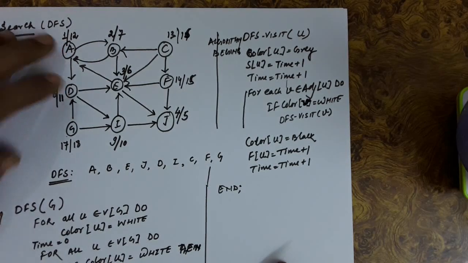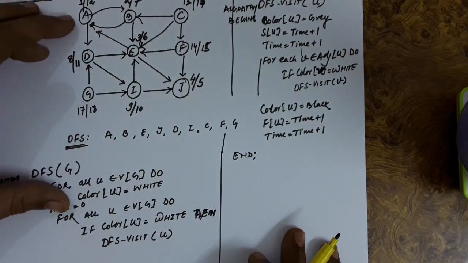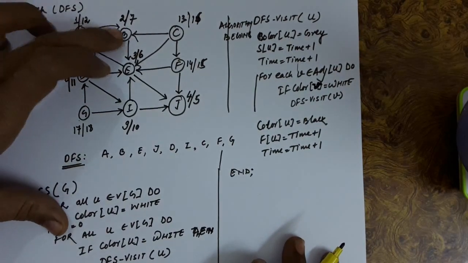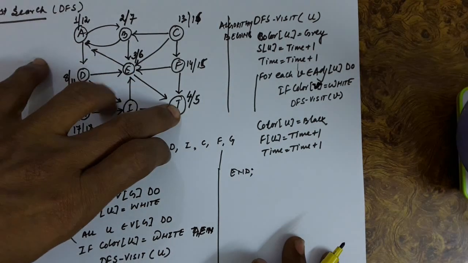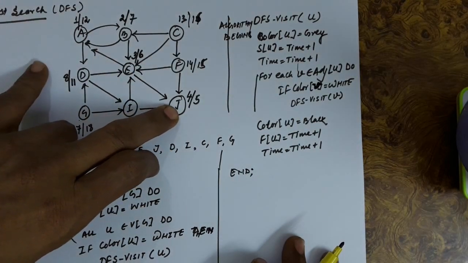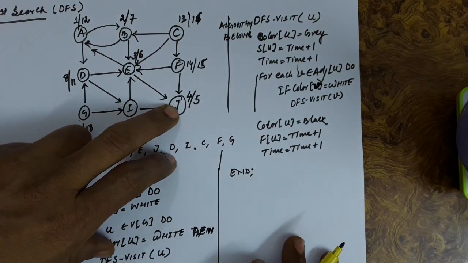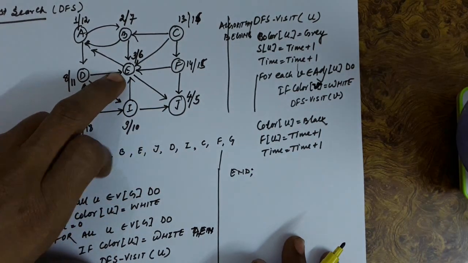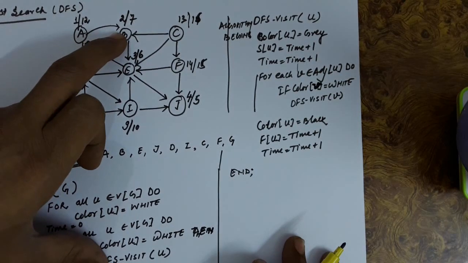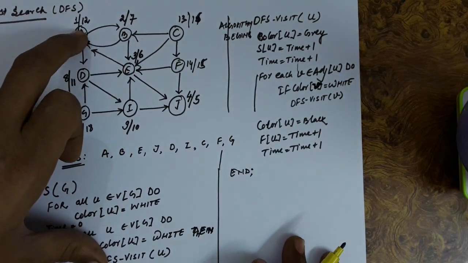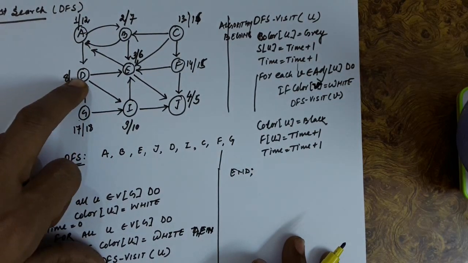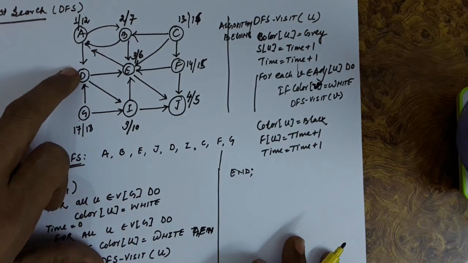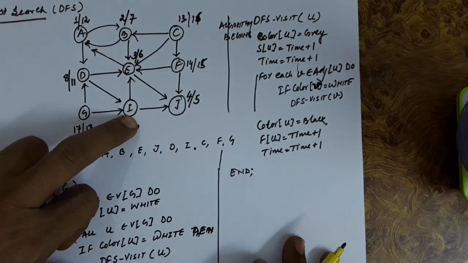Okay, before predecessor, let me tell you one more thing: we have started from A, then gone to B, from B to E, E to J. And then when there was no point of going anywhere else, we have come back to E, and then to B, and then to A, and from A we have gone to D. And then from D we have gone to I.